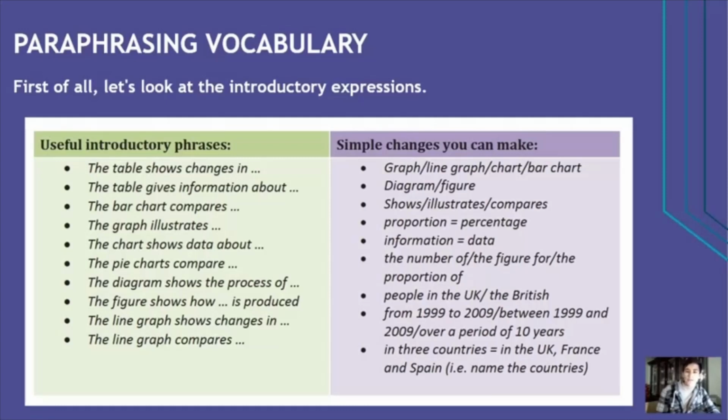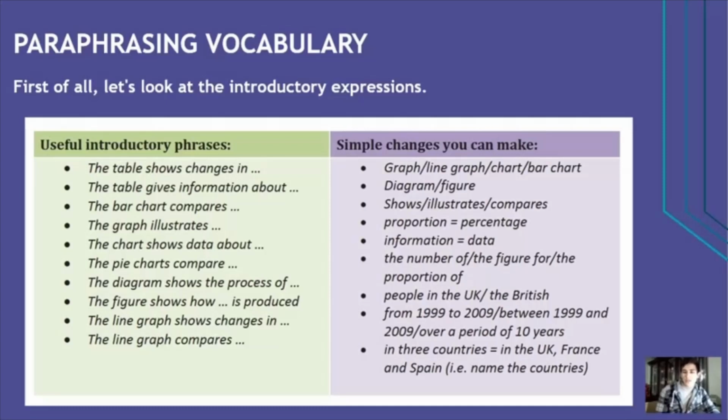People in the UK is a nice word, the bridge. For example, if you have people in China in your question, you can say the Chinese. And for time expressions, from 1999 to 2009 can be the synonym for between 1999 and 2009, or over a period of 10 years.